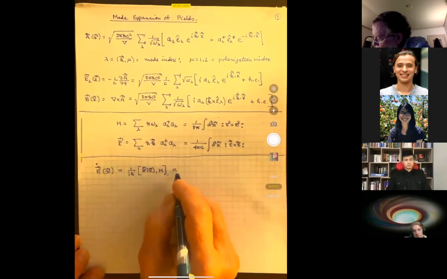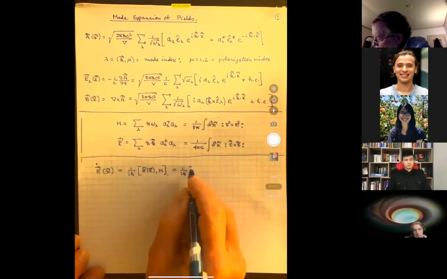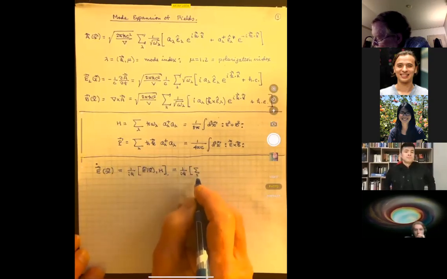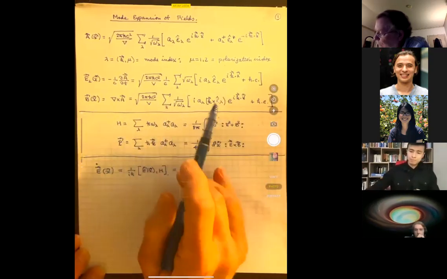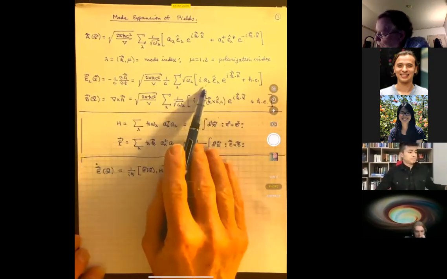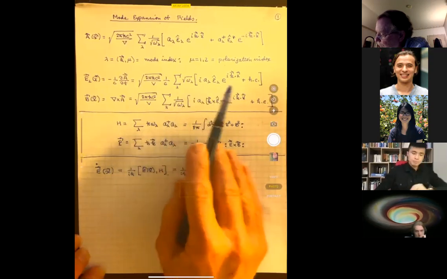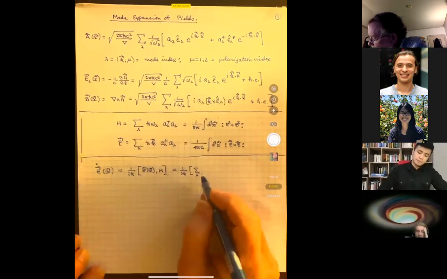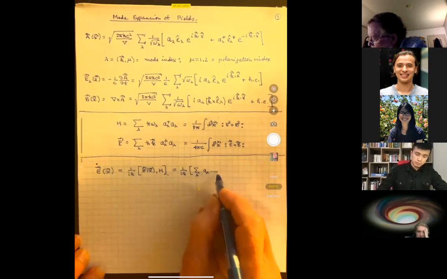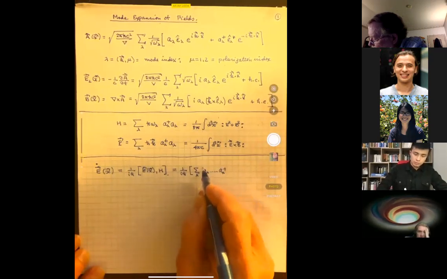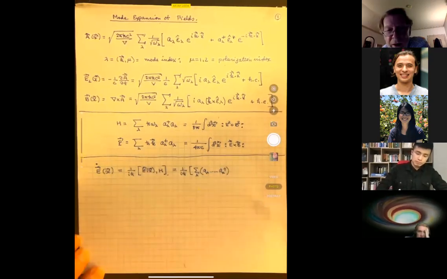If I write this out schematically, there's 1 over i h bar. The electric field is a sum over modes lambda. I won't copy the whole thing here, but the essence of it is that it's got an annihilation operator in one term and then a creation operator in another term. So there's an A lambda there, and then there's an A lambda dagger with a bunch of other constants and stuff that are in there.